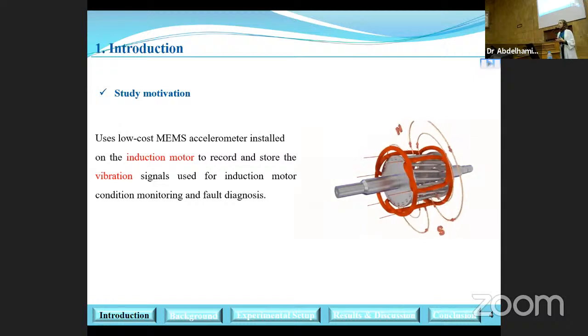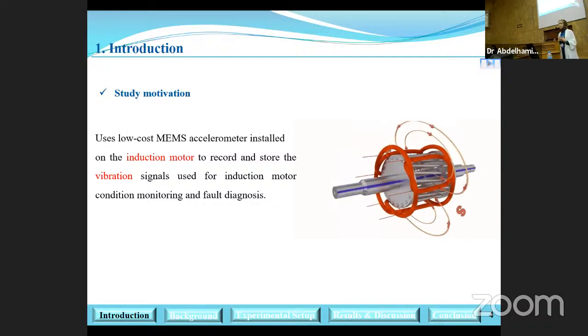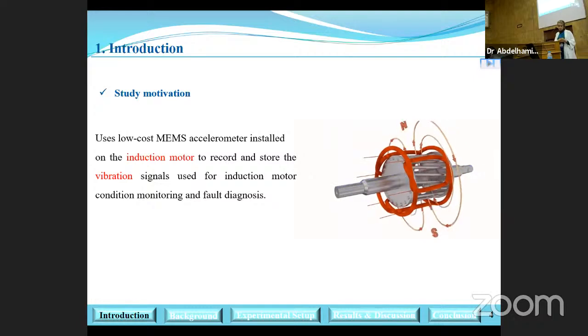And with development in MEMS technology, we can fix a MEMS on the rotating bar to record and store this vibration signal that is used for monitoring the three-phase induction motor. And this is the motivation of the study.